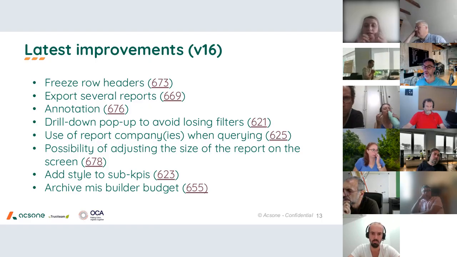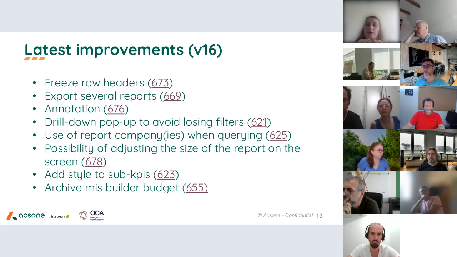The second improvement is that you can export several reports in one Excel. You can select different reports, and when you click export, you have a sheet for each report in one Excel. You can make annotations.